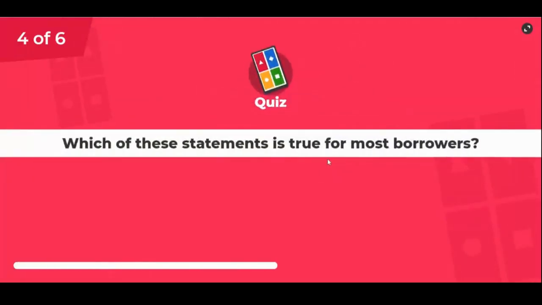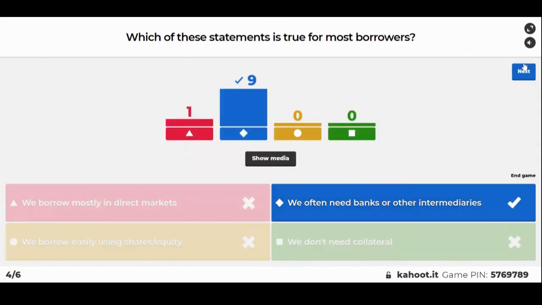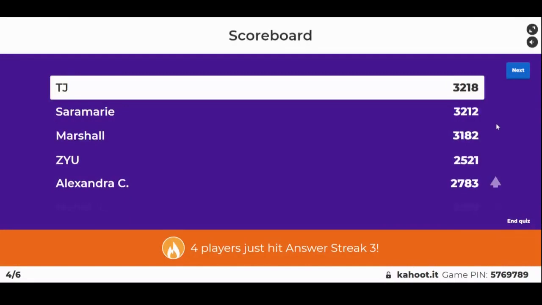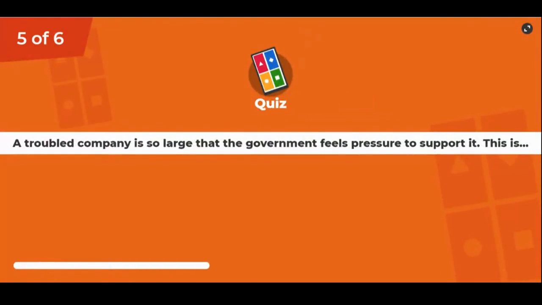And next, which of these is true for most borrowers? Do we borrow mostly in direct markets? Do we often need banks or other intermediaries? Can we borrow easily using shares? And do we rarely need collateral when we're trying to borrow? Excellent. Very good. TJ still just ahead. Almost at the end.